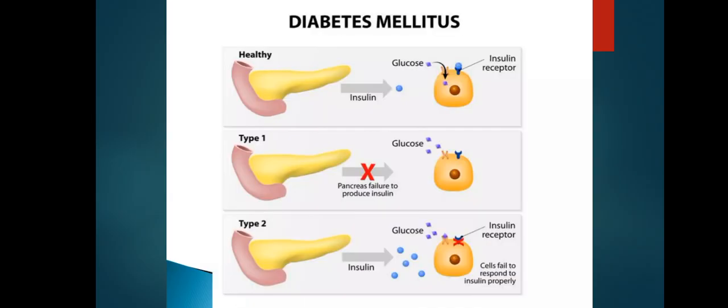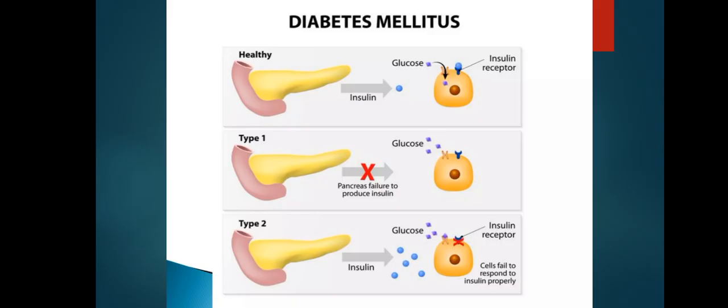Here we see a healthy person. His pancreas produces insulin, and insulin acts on the insulin receptor and converts the glucose into glycogen. And see the type 1 condition: the pancreas fails to produce insulin.